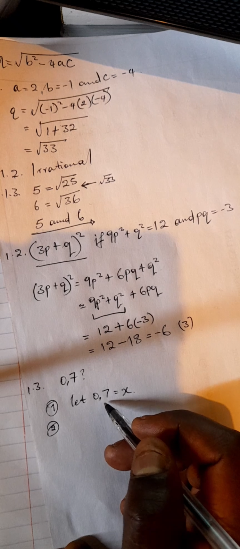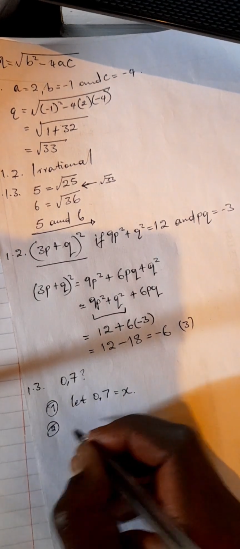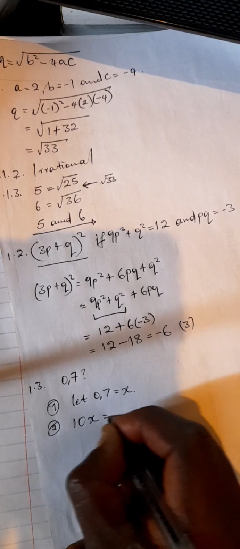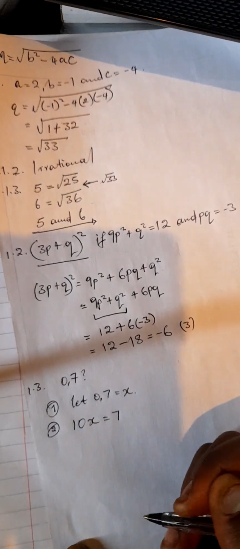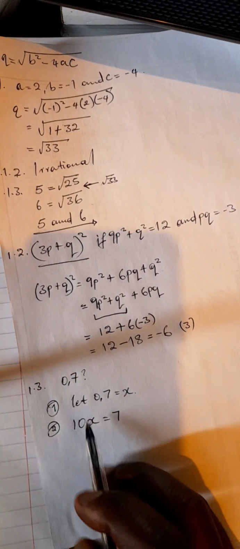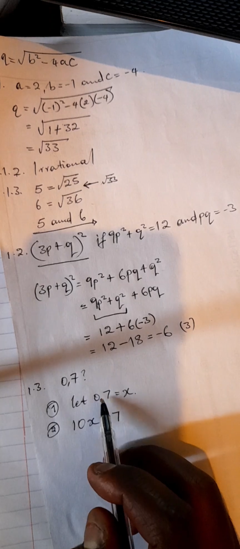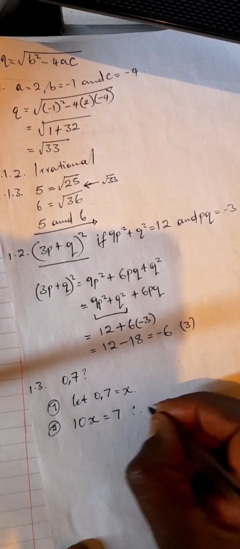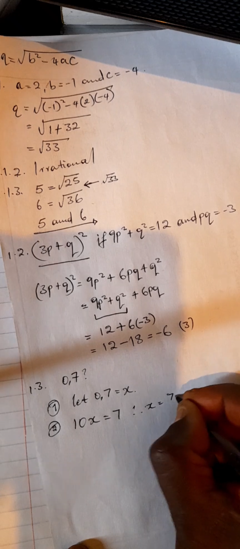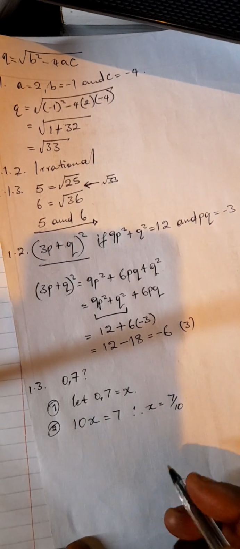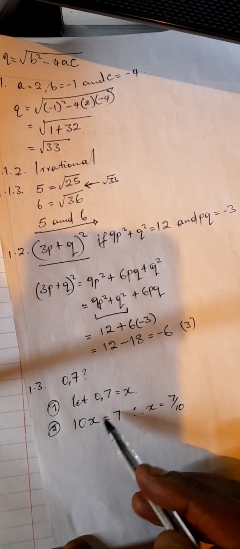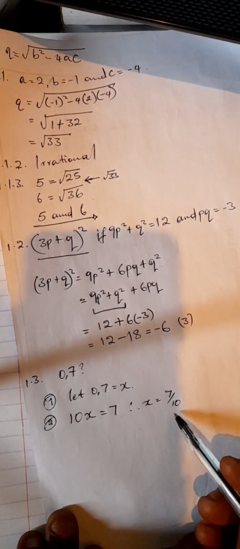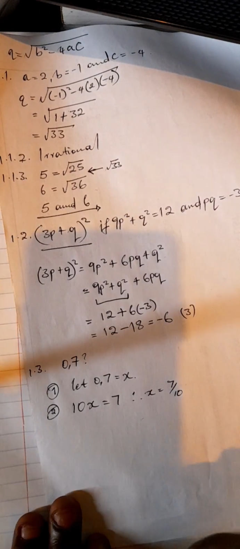And it becomes 7. So you say 10x equals 7. You know that when you multiply your x by 10, it becomes 7, right? So your x, therefore, equals 7 over 10. You have written 0.7 as a common fraction of 7 over 10.